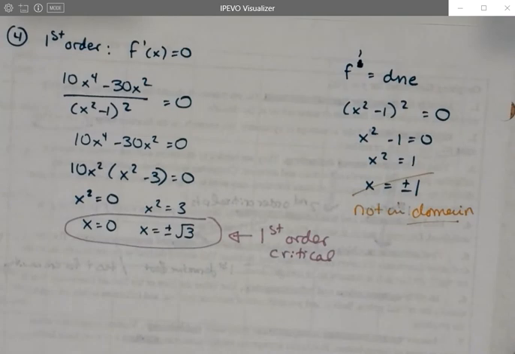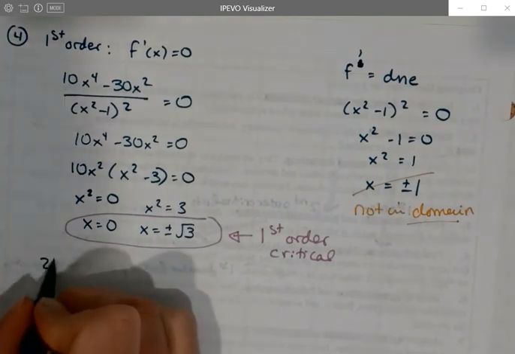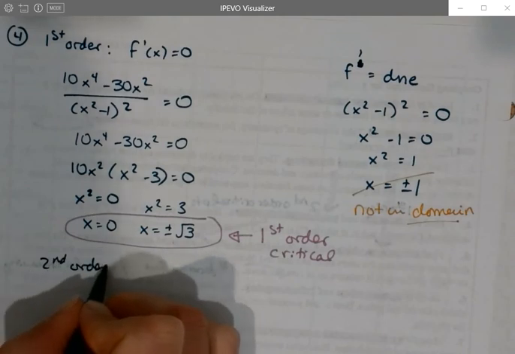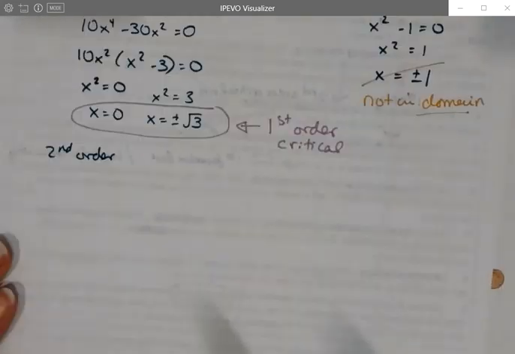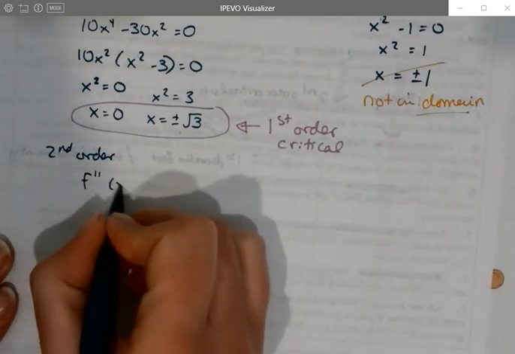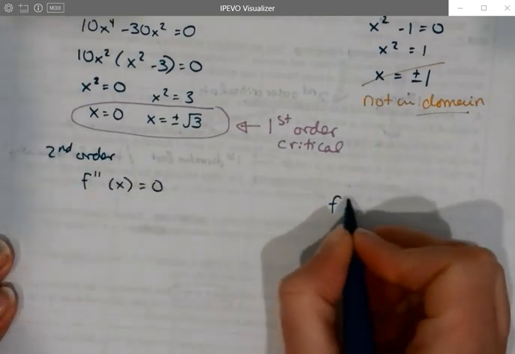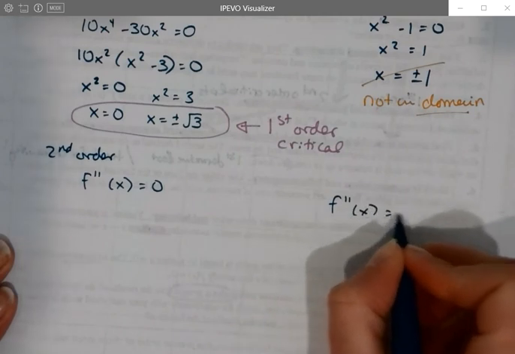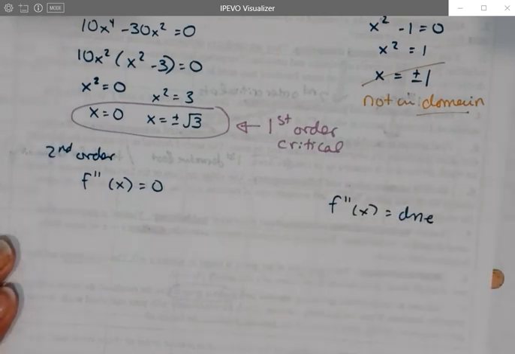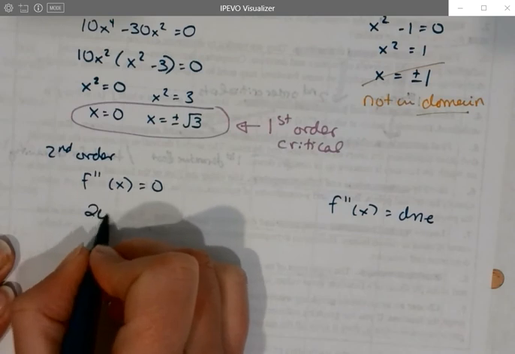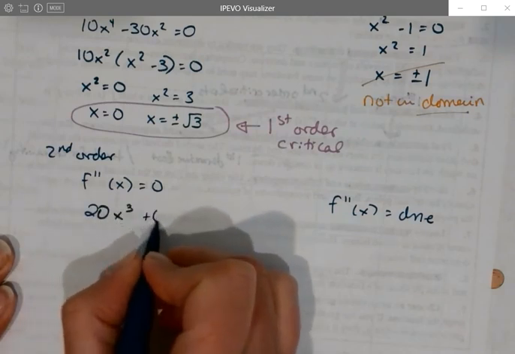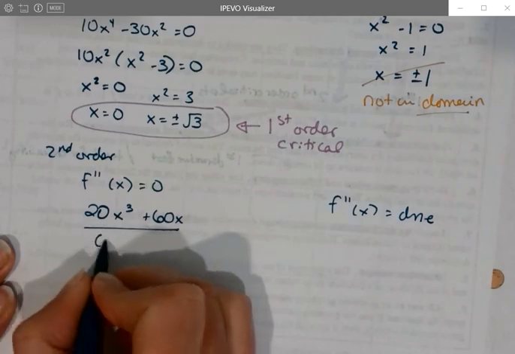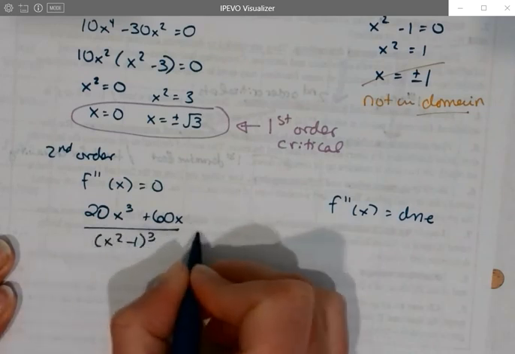Okay, so we've got 3 first order criticals. Now we're going to find the second order criticals. This is where I take the second derivative, set it equal to 0, and find out where the second derivative fails to exist. So first of all, the second derivative is 20x to the third plus 60x over that x squared minus 1 to the third power.